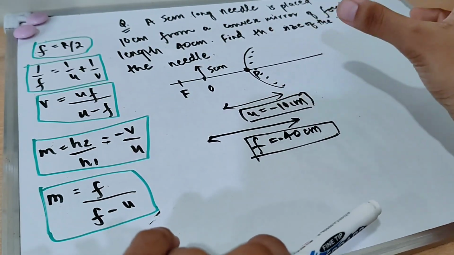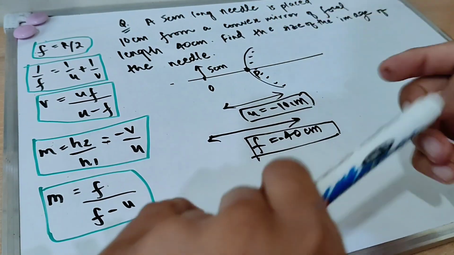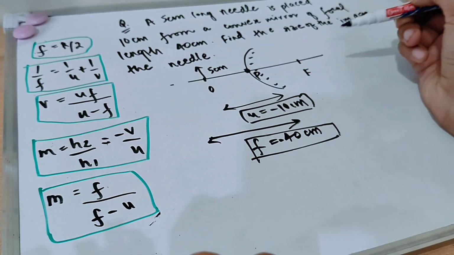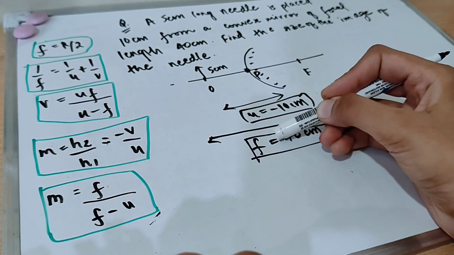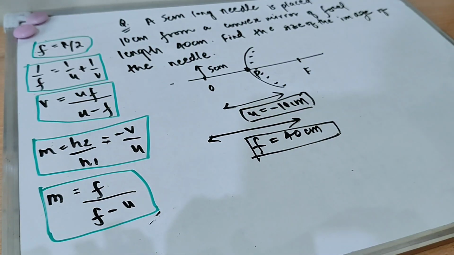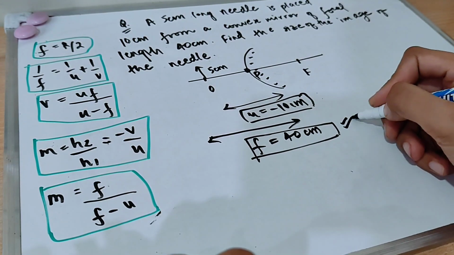Since the curvature of a convex mirror is on the right hand side, the focus will also be on the right hand side, which means that it will be positive. Right? It will not be negative. This is not a concave mirror. In the previous question it was a concave mirror, and now it is a convex mirror. So the focus is positive.